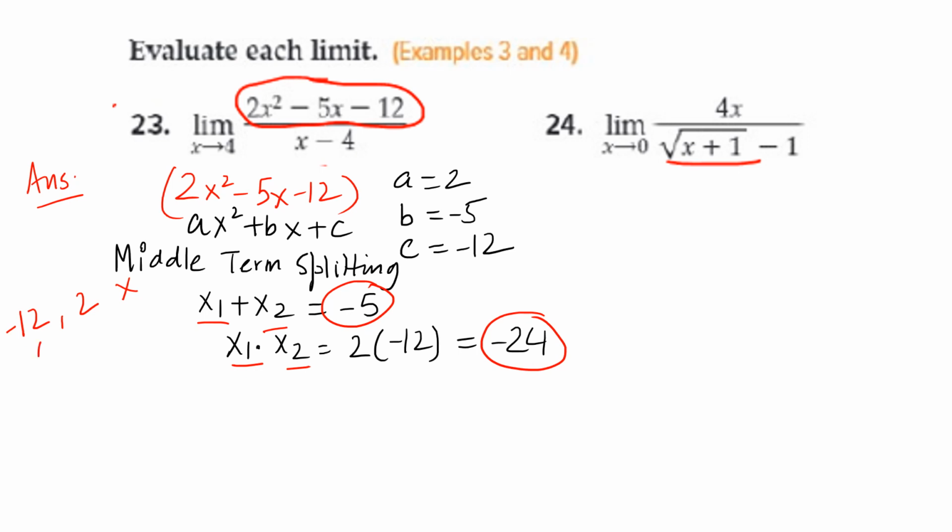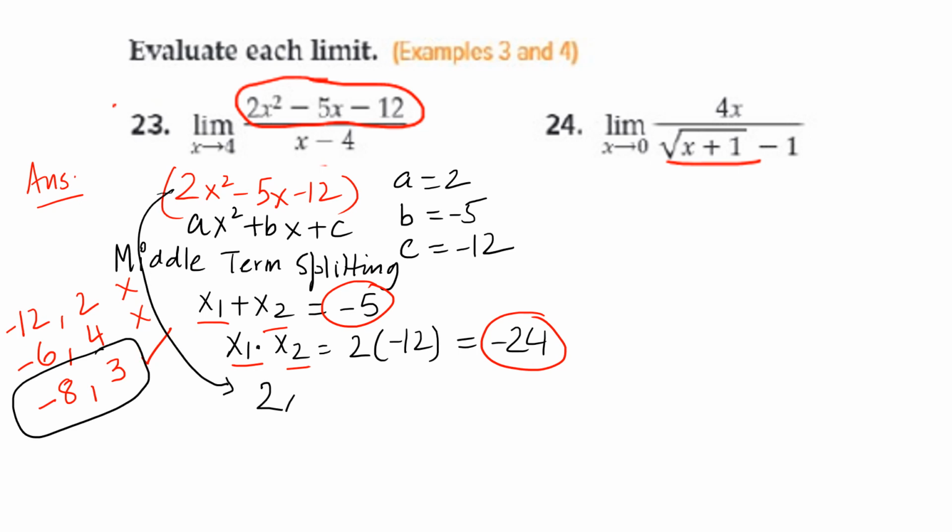Next one, you can take 6 and 4, so minus 6 and 4, when you add them you don't get this, so not a factor. Next is 8 with 3, so minus 8 plus 3, yes, you get it right, so these are going to be the factors. So we go back to the first equation and factor it using these numbers.